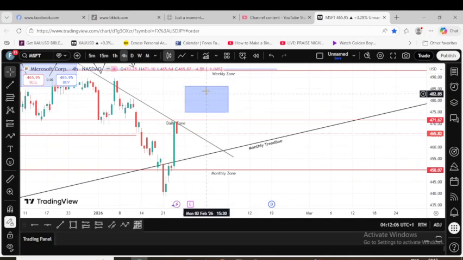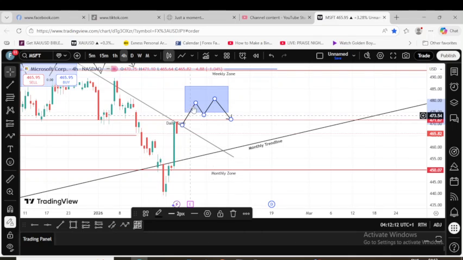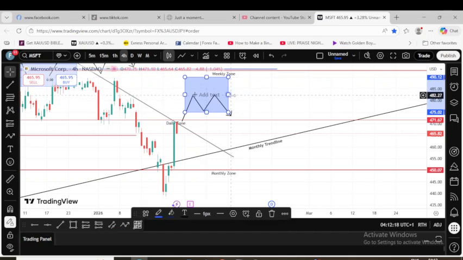So if we can spot an M pattern somewhere around here, then we'll be looking to sell this.